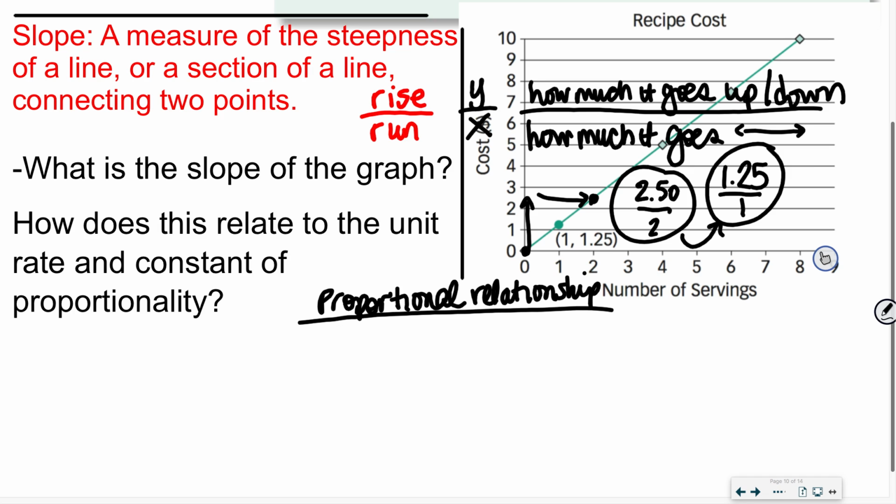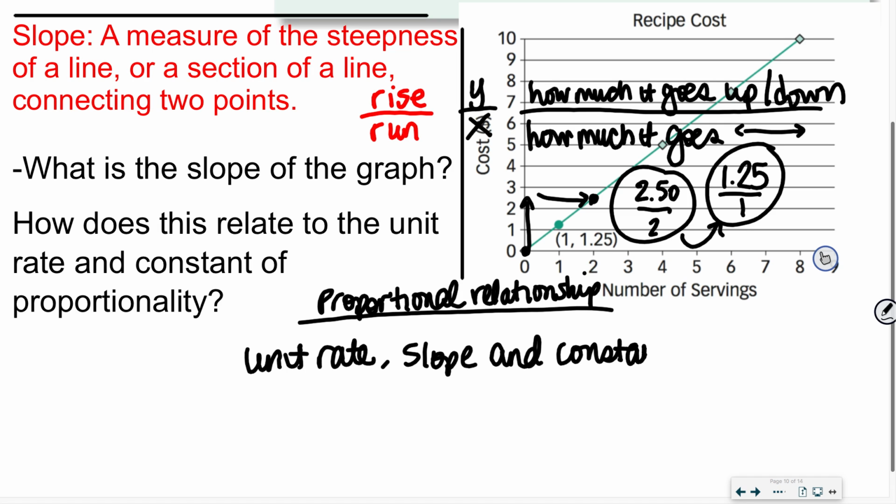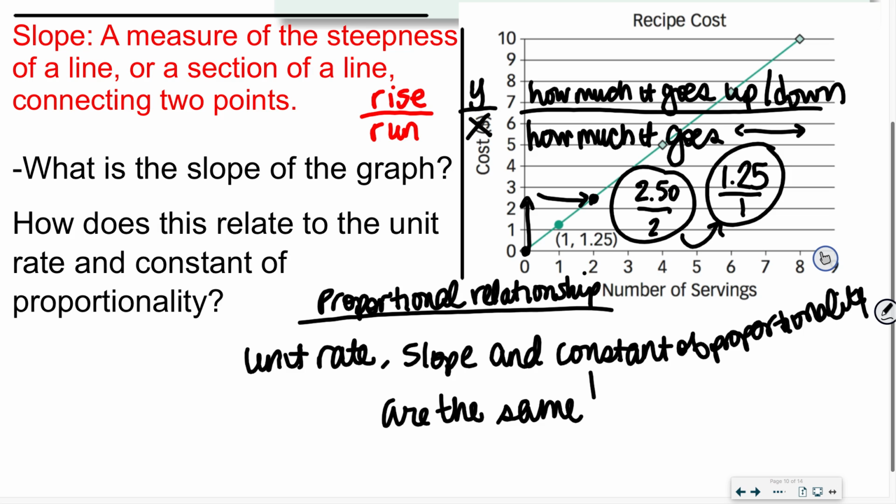We could safely and confidently say that the unit rate, slope, and constant of proportionality are the same. And that is true for proportional relationships.